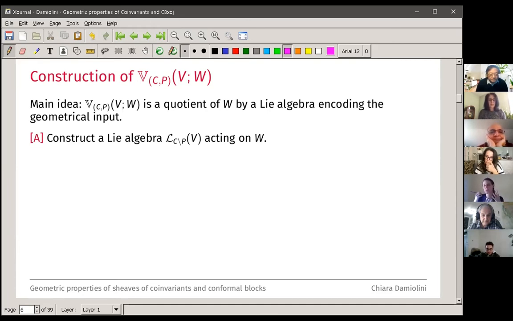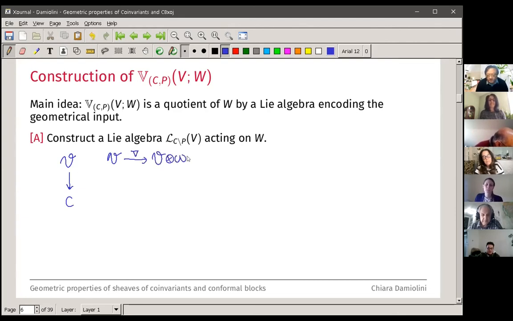So the first step would be to construct a Lie algebra encoding the geometry and acting on W. And the key input here is to use really the conformal structure on V, because using the conformal structure on V, we can actually construct a sheaf of vertex algebras. So sort of a vertex algebra, but in a sheaf way, so varying the point. And this is further equipped with a connection.